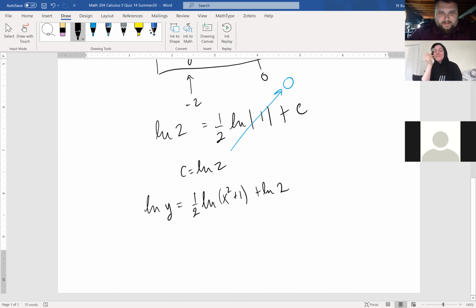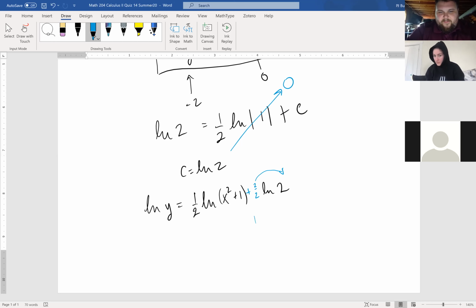And if you want to get y by itself, I think the best course of action would probably be, we want to get a 1/2 in front of this guy. So I'm thinking maybe we put a 2 over 2 in front. And then we split that apart so that the 2 in the numerator goes up as a power.